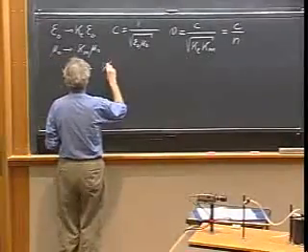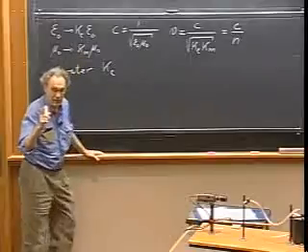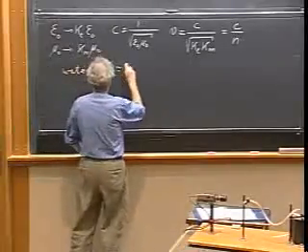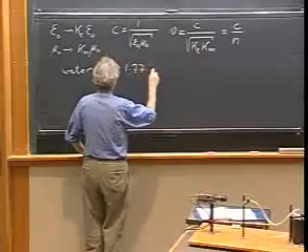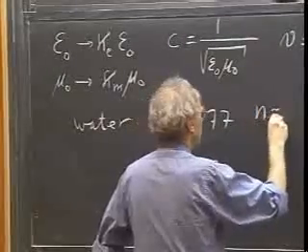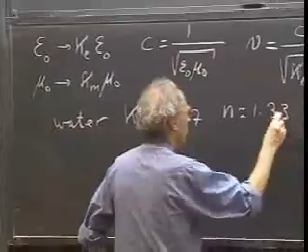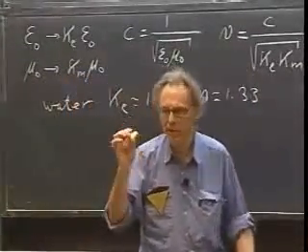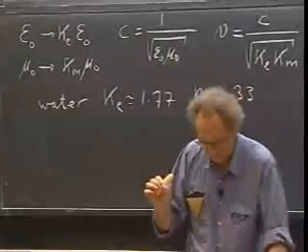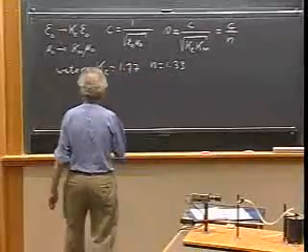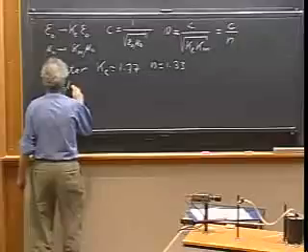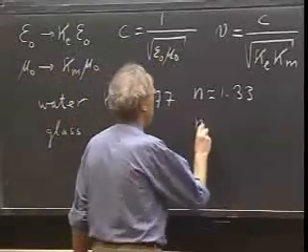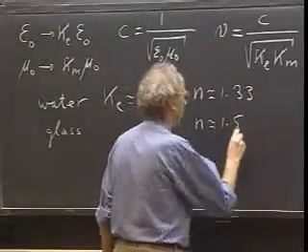For water, kappa of E for light, that means for that high frequency, is approximately 1.77, and so the index of refraction is about 1.33. But it is different for the different colors. A little bit different, but it is different. And if you take glass, there are many different kinds of glass with many different indices of refraction. We will typically take today a number of about 1.5.